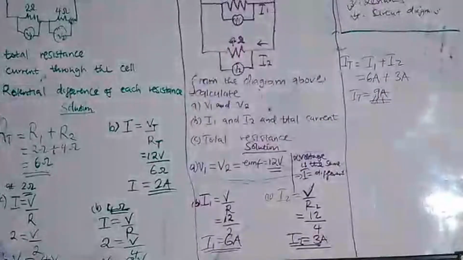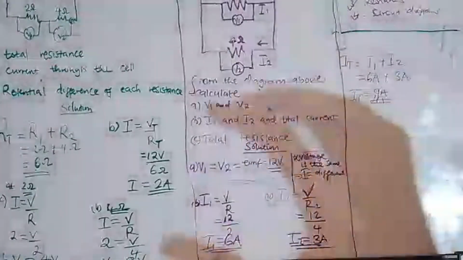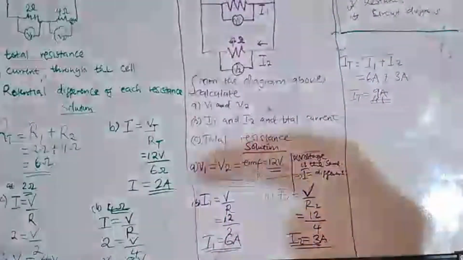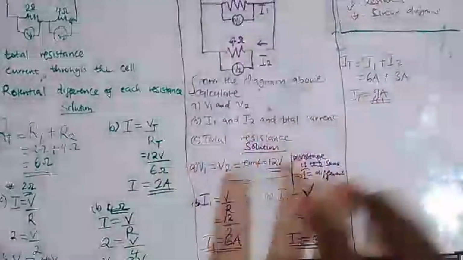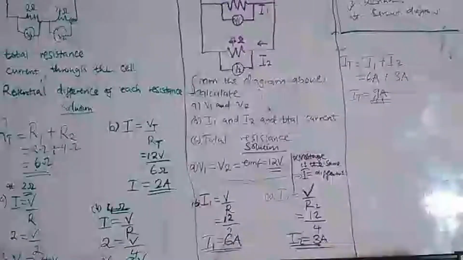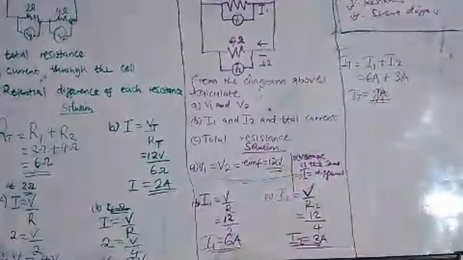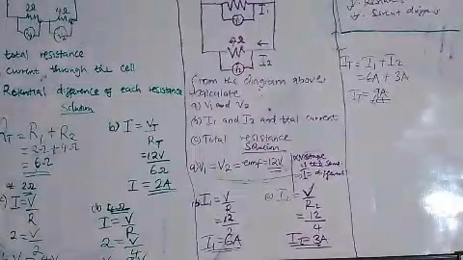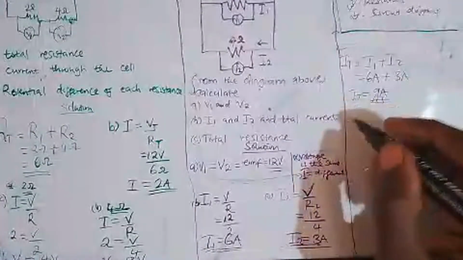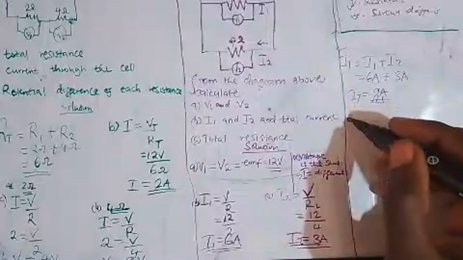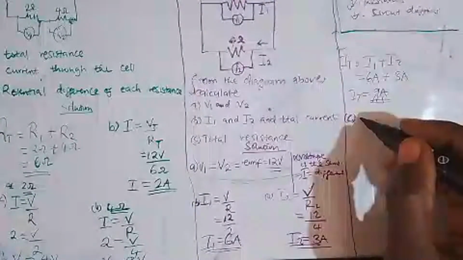Yeah, so this is how you calculate current in parallel. Remember, current in parallel is different, but the voltage is the same. Then moving on to our final part, which is the total resistance.